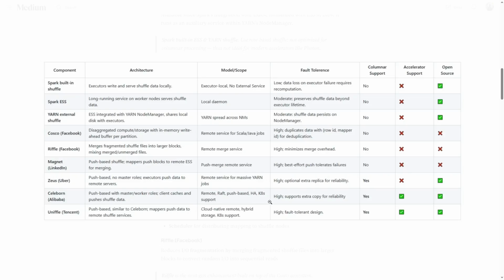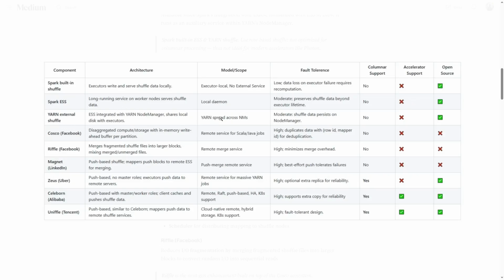The reason why I will only be creating a video on Calibon, and not on others, is because of the limitations you see. The built-in shuffle service does not support any accelerator. It does not have columnar data support. Spark external service is dependent on the nodes. Again, it does not support accelerators.